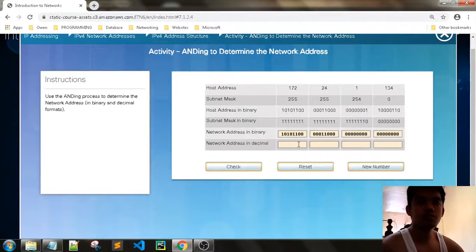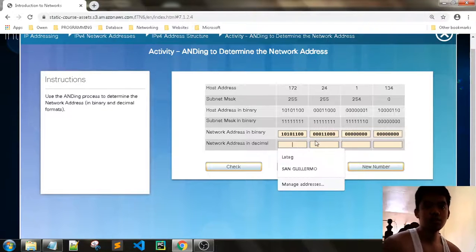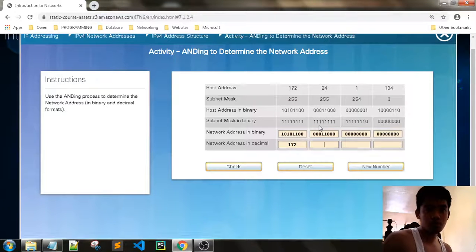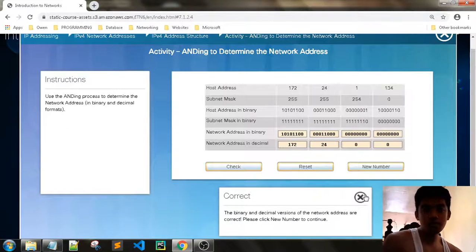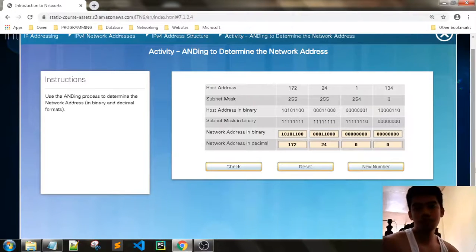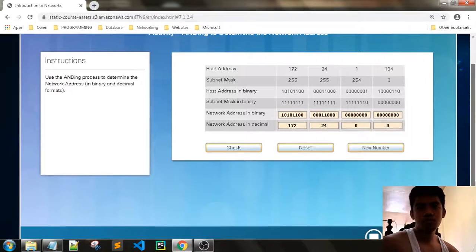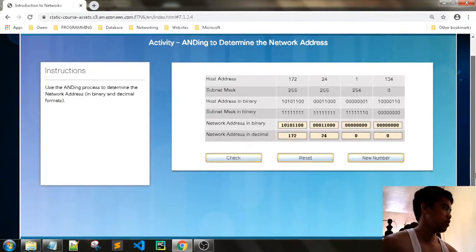So our network address in decimal is 172.24.0.0 /23. I think it holds 510 addresses.